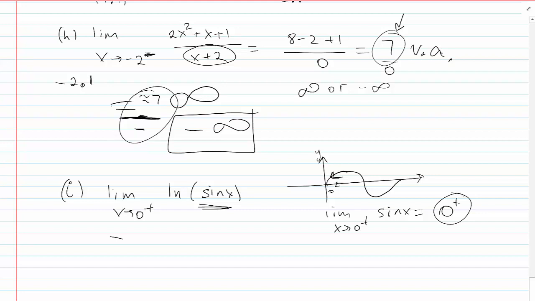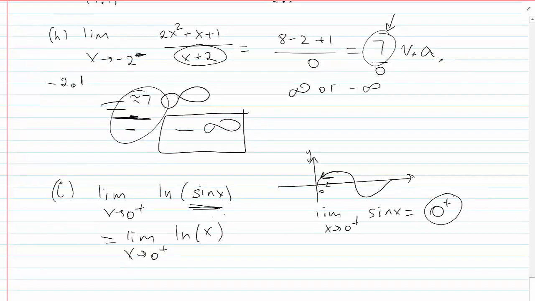So this is the same thing as approaching 0 from the right side in a natural log function by itself. Because as x approaches 0, sine is also approaching 0. So then we can replace sine of x with just 0, because that's what it's becoming.